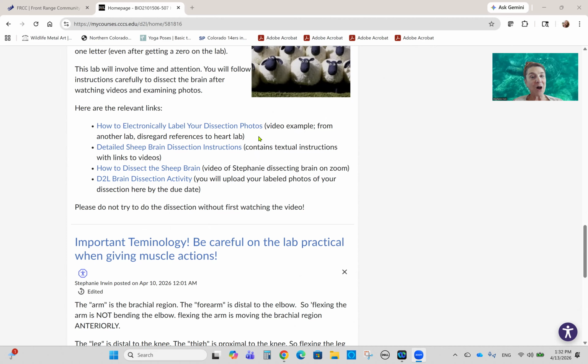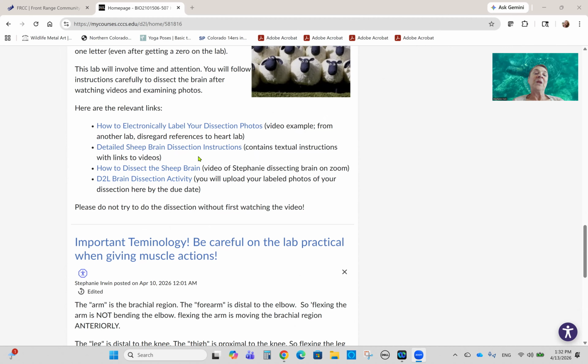You are going to have to label them neatly so that I can see it. Sometimes people just do it with their phone and then scribble with their finger. Not good, guys. It needs to be either typed out or in some way it needs to be neat. And this is one really easy way to do it.